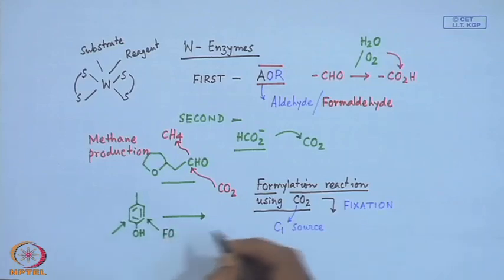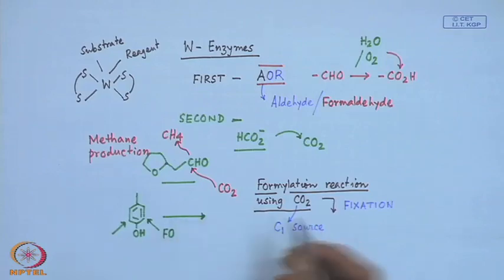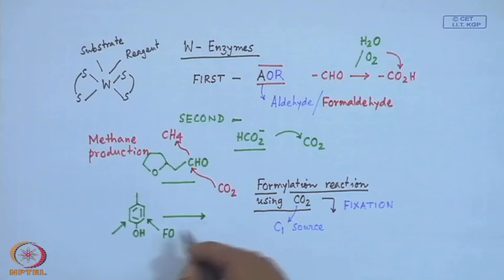So, these biochemical pathways are therefore very much useful to know whether we can also use those enzymes for the formylation of any useful molecule.